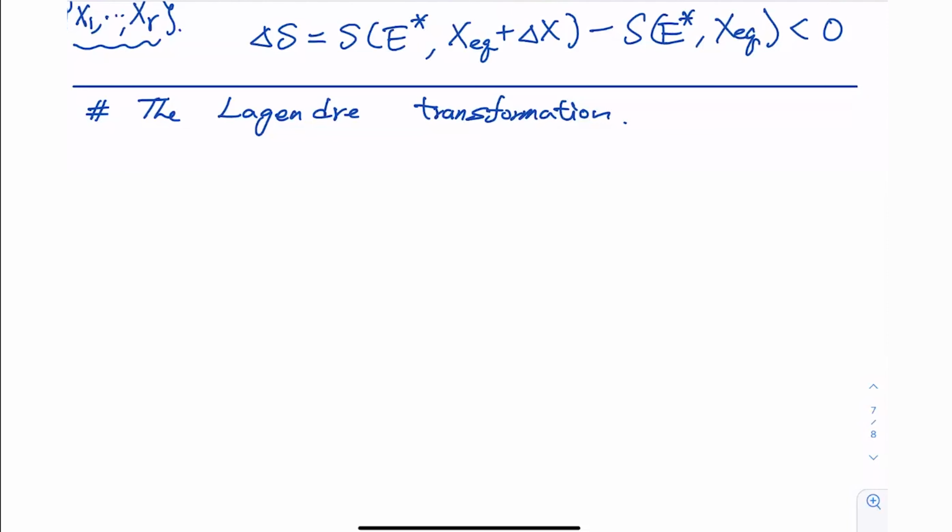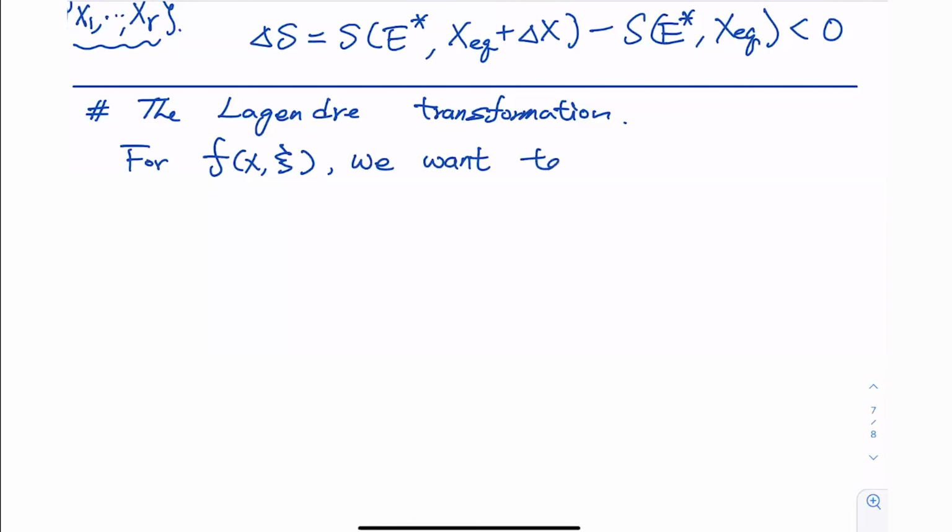So let me write down the problem more explicitly. Let's assume that we have some function described by two variables, x and c. And as physicists, we assume everything is smooth and we can take any kind of derivative we want. I'll just keep that as the nice property for this function f.